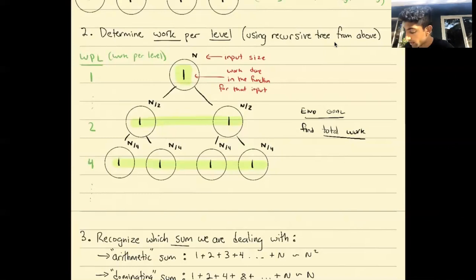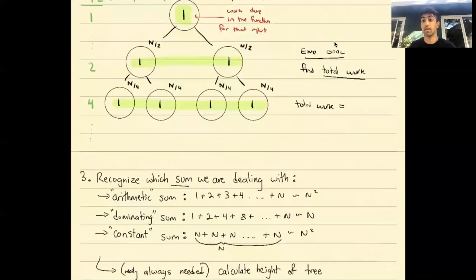So to find the total work, what we can do is figure out the sum of each work per level. In this case, the total work is going to be the work on the first level, plus the work on the second level, plus the work on the third level, and so on, until we get to the bottom level. So the total work for this recursive tree will be the sum of 1 plus 2 plus 4 plus 8 plus so on, okay?